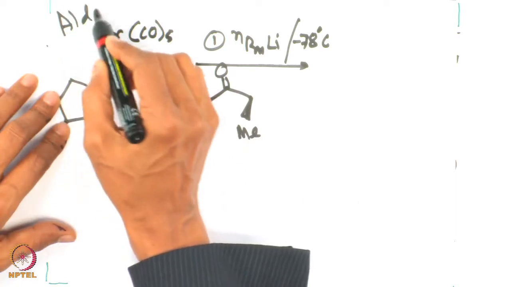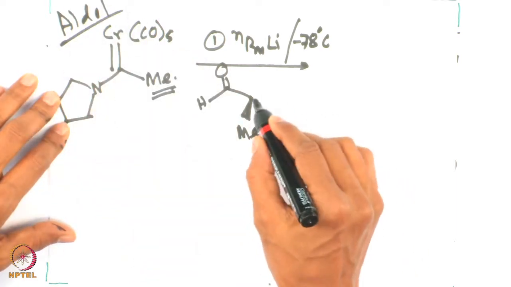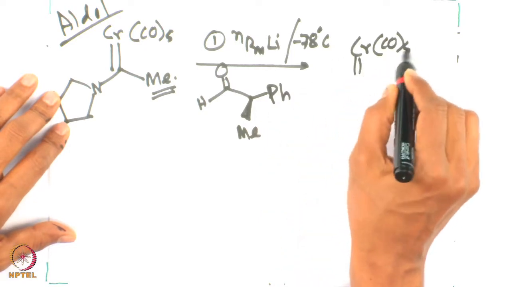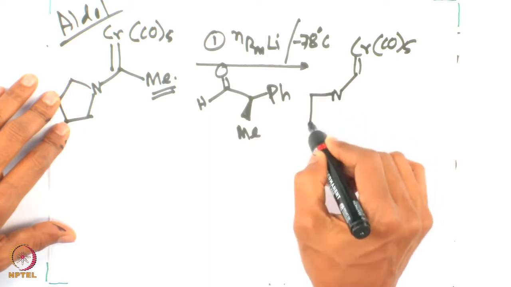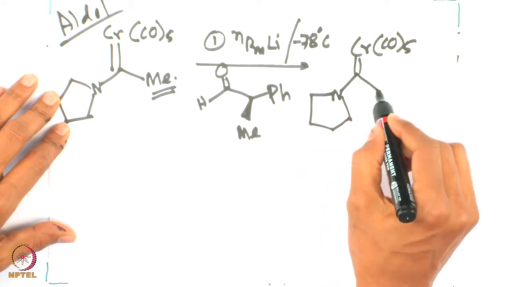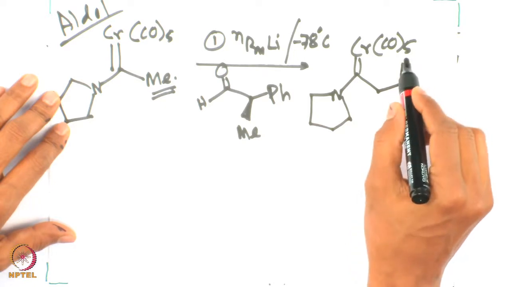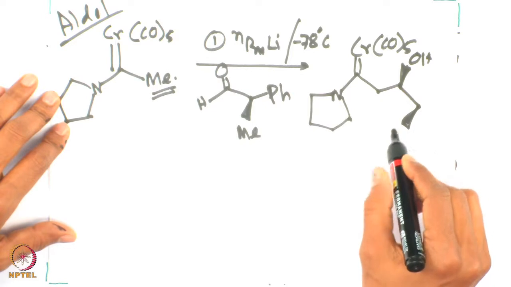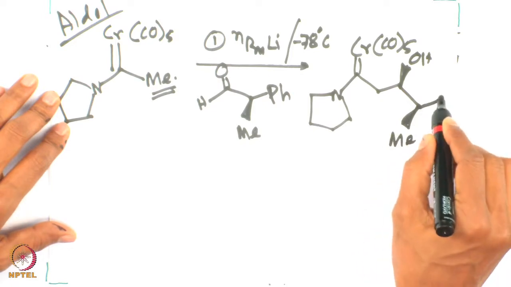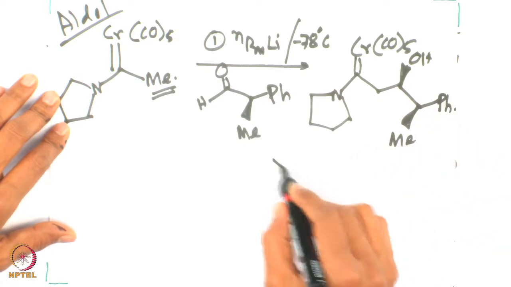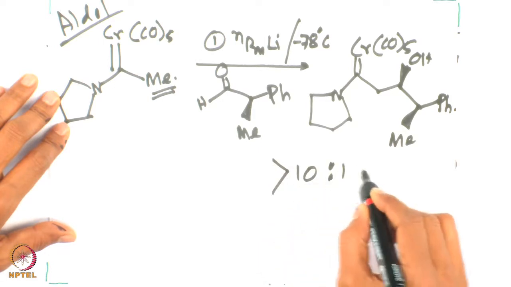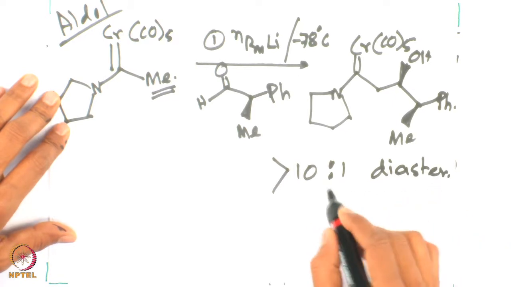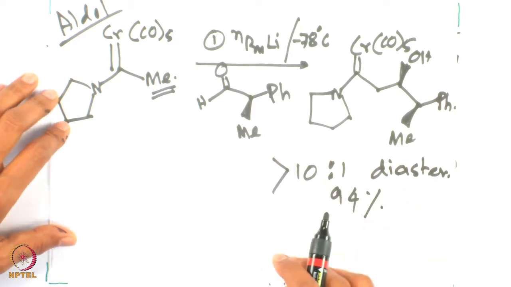Let us write it down, aldol reaction we are trying to do, and we get the product quite efficiently in these cases, and what we get is the expected aldol product with a very high diastereoselectivity, that is done at minus 78 degree centigrade. We get greater than 10 to 1 diastereoselectivity, and we have nearly 94% yield.